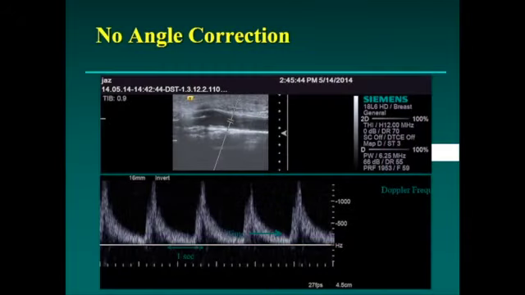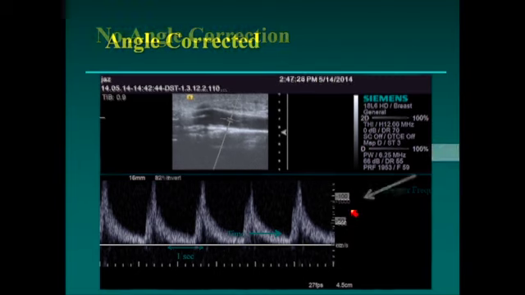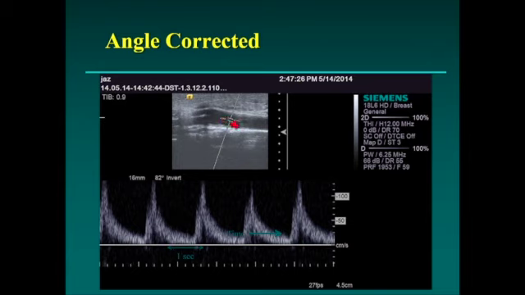Here's a couple more examples of how important angle is. This is a measurement of the carotid without any angle adjustment. And you can see this is over 1,000 centimeters per second, which would certainly get anyone's attention. But if you put the angle correction on, it is something closer to 100, which is much more reasonable.